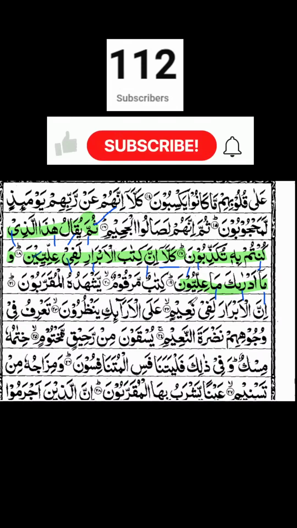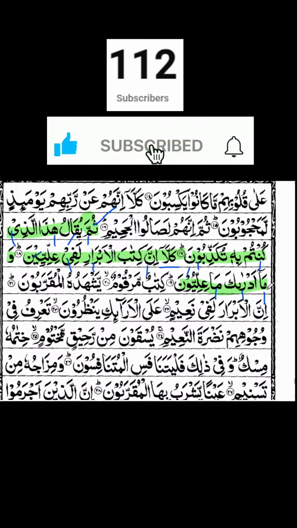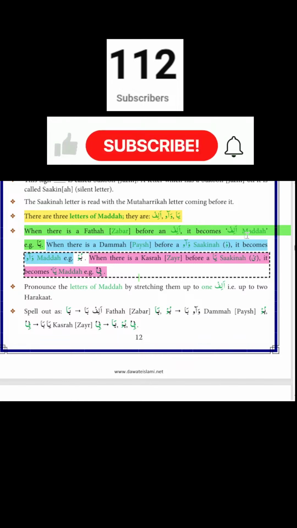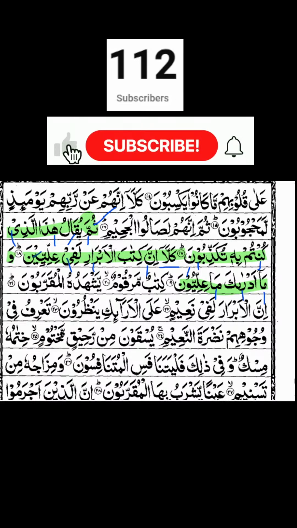What's the reason for stretching Mim Alif Zabar Ma and Mad also? The only reason which we have discussed before: this is Alif Madda, and the definition of Alif Madda is when there is a Zabar before an Alif, it will become Alif Madda, and as you can see, it has Mad also.